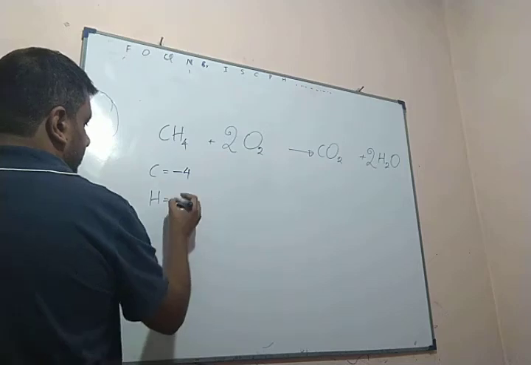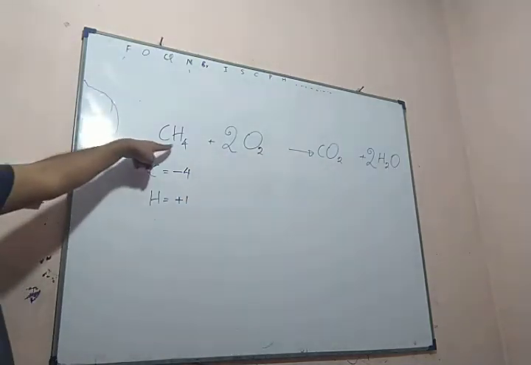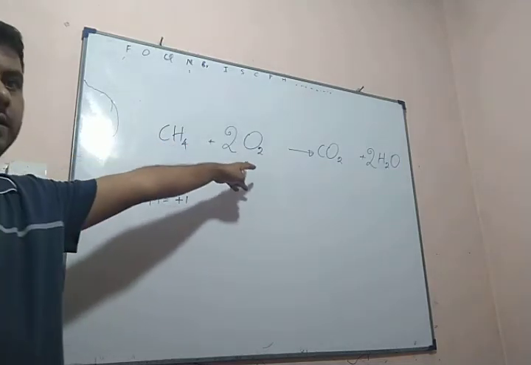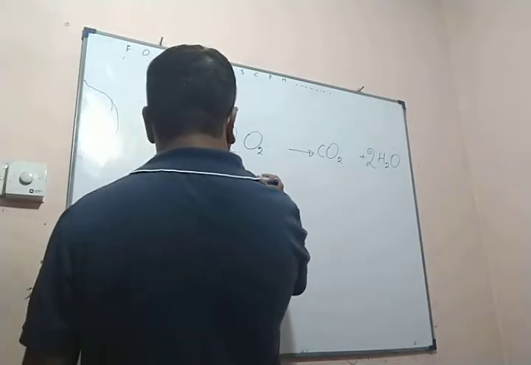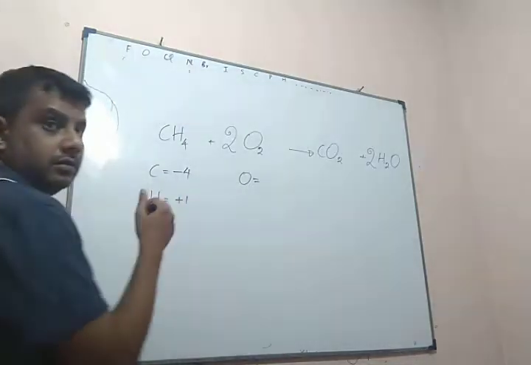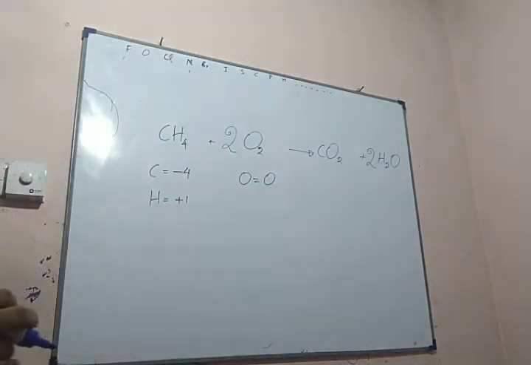Oxidation state of hydrogen, plus 1. And here, there is only oxygen. What's the oxidation state of that oxygen? 0, right? It is an element, so the oxidation state is 0.